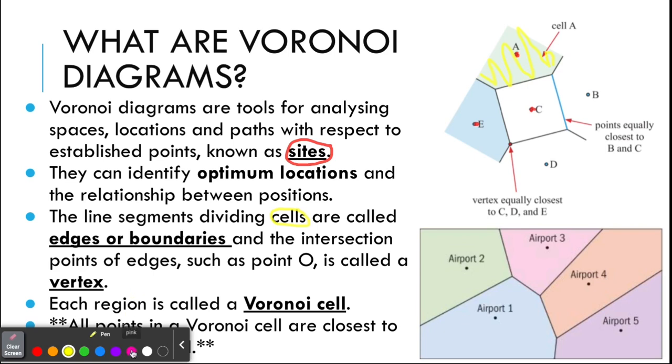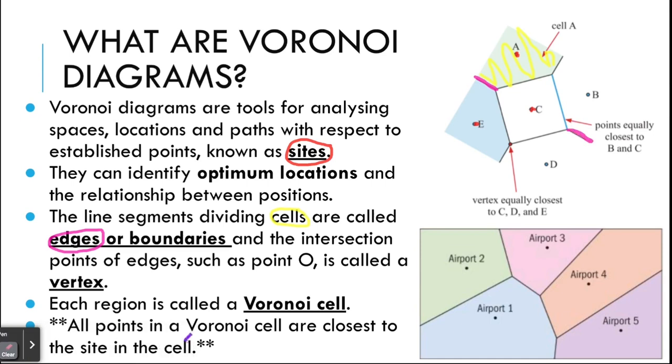Then we're going to have our edges or boundaries. Our edges are what's created when 2 cells are touching each other. So here we have the edge between A and E, the edge between B and D. And the last important key vocabulary for us will be a vertex. Now, a vertex happens when edges intersect.